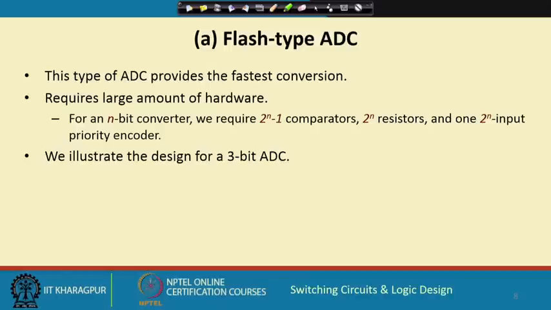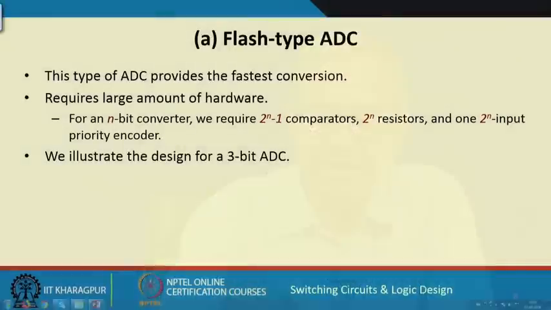Now, let us come to the design of the different types of AD converters. This is more interesting. The first kind of AD converter design we talk about is the flash type AD converter. Let me tell you, the flash type AD converter is the fastest type of AD converter known, but the problem is that it requires too much hardware. Let us see how.